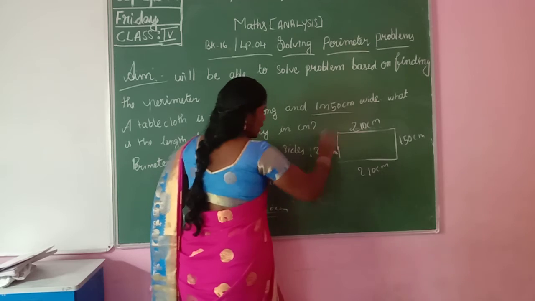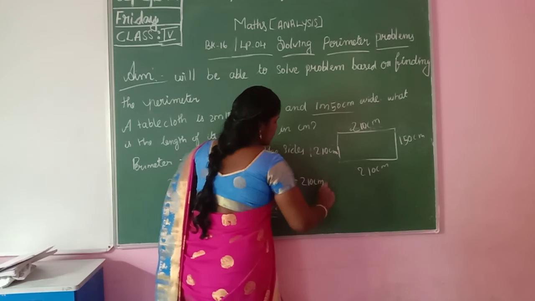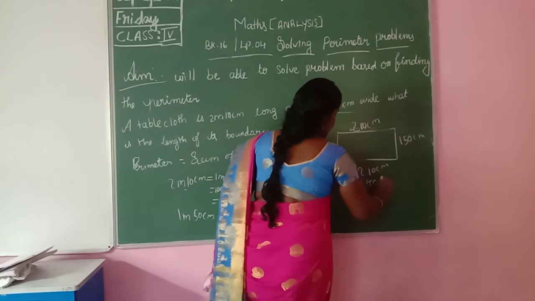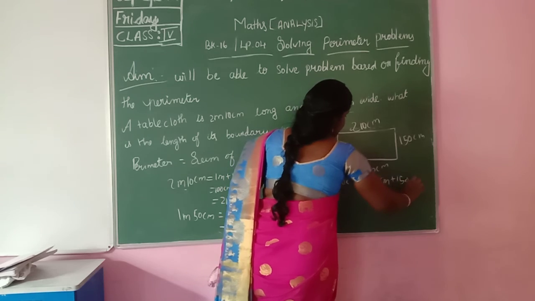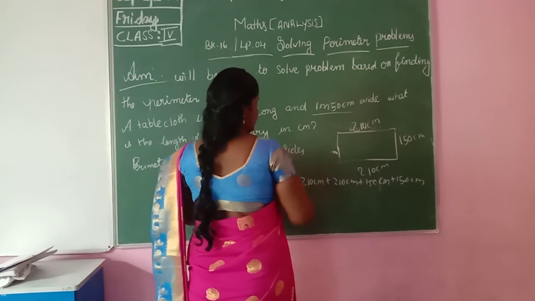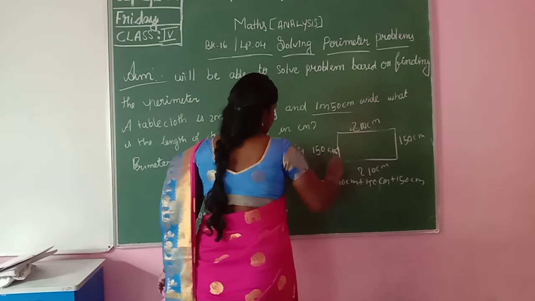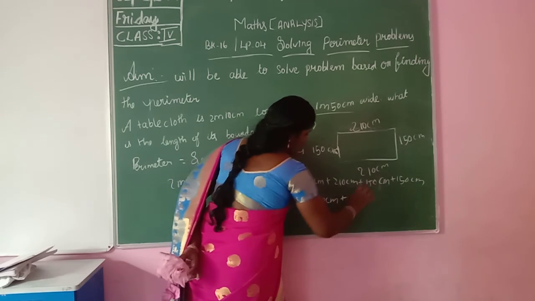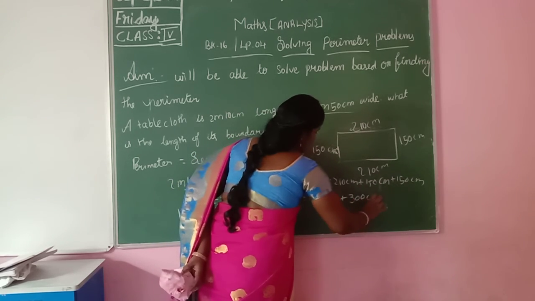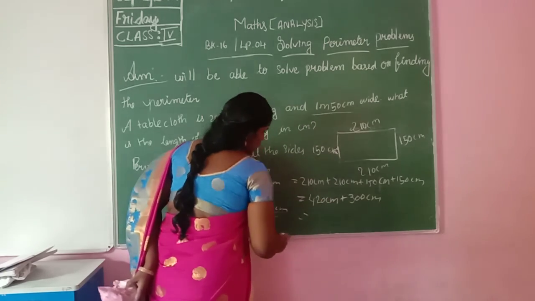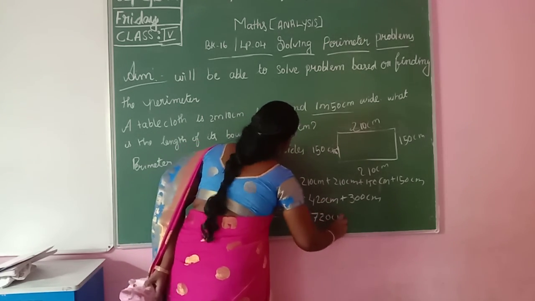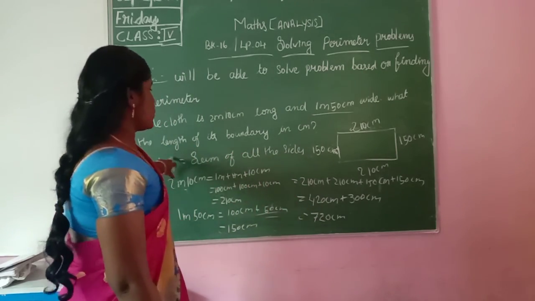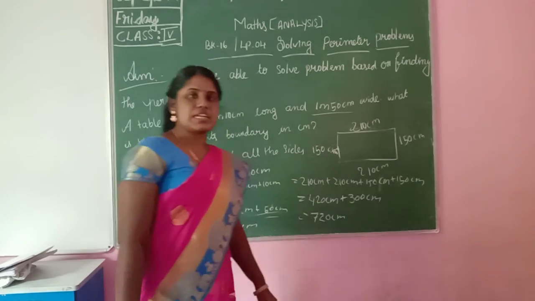Once we finish, we need to add everything. 210 centimeter plus 210 centimeter plus 150 centimeter plus 150 centimeter. 210 plus 210 is 420 centimeter, plus 150 plus 150 is 300 centimeter. Then we need to add these both: 720 centimeter. The length of this boundary is 720 centimeter long.